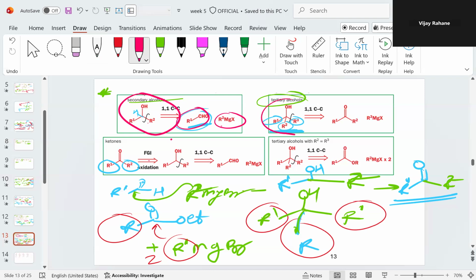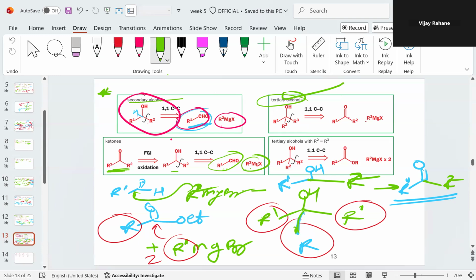If you want the tertiary alcohol with all three R different, then we need to have this type of ketone with R1 and R2 different. How can we prepare that? It can be prepared by this method, in which you can see the R1 and R2 are different, and for that we need to use one aldehyde and one Grignard, R2MgBr. So we can get the alcohol and do further oxidation to get the ketone.